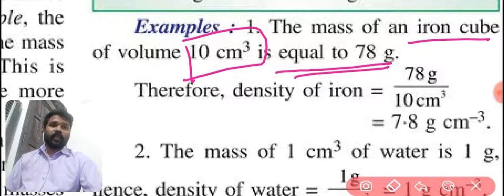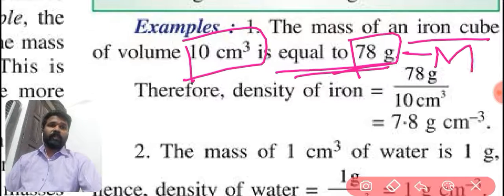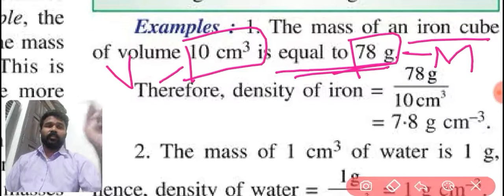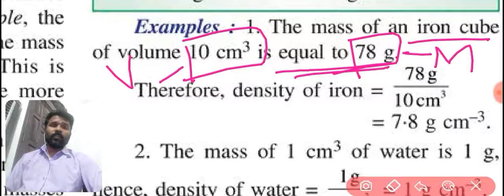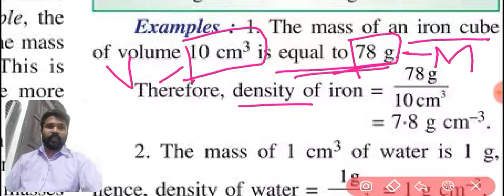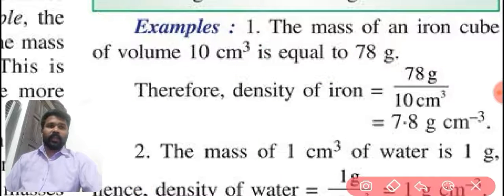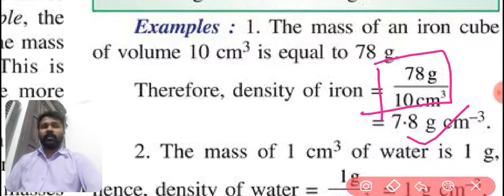So the mass m is 78 gram and the volume V is 10 centimeter cube. So the density of iron is equal to 78 upon 10 centimeter cube, that is equal to 7.8 gram per centimeter cube.